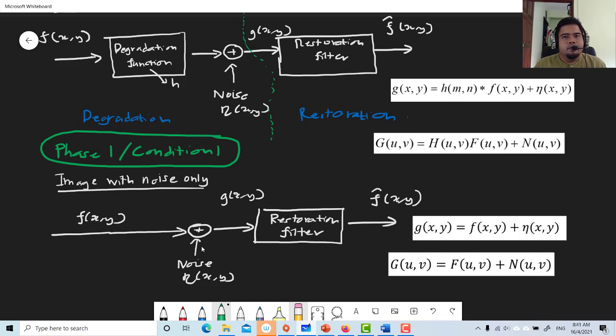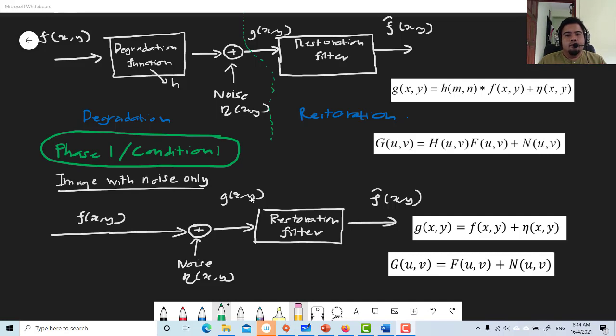In other words, we just assume that we have some hardware or some camera that is free from blurring function or degradation function. The degradation factor that affected our image G comes only from the noise.